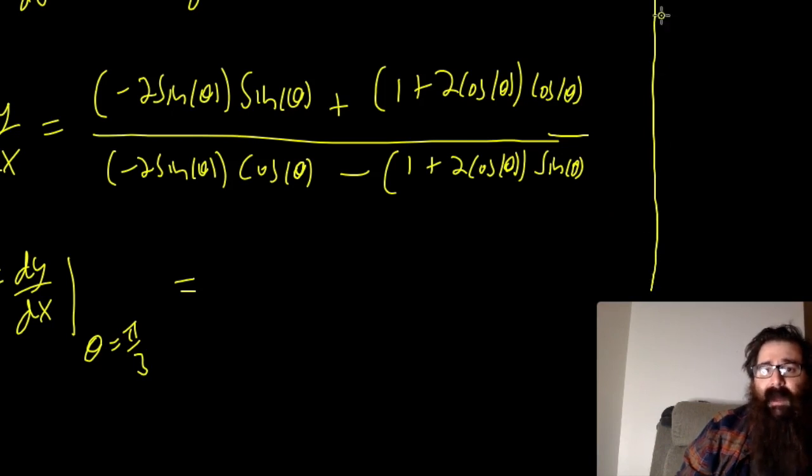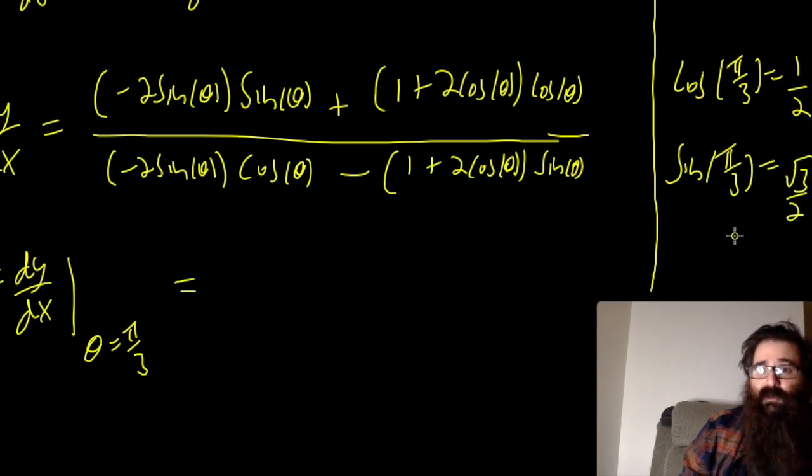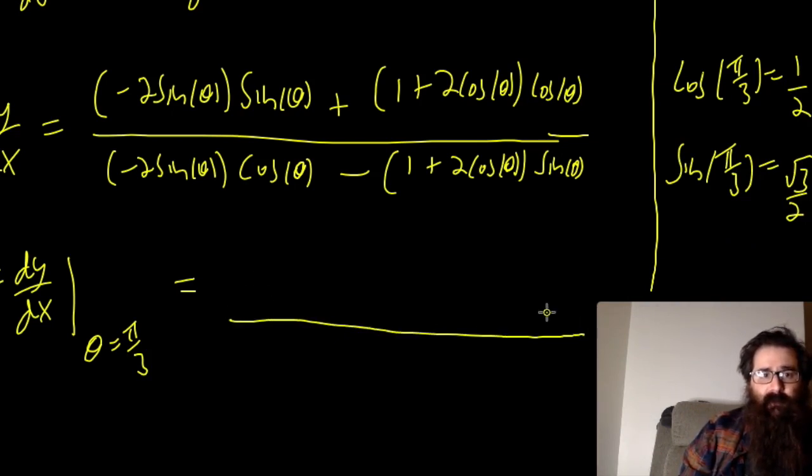Now over here to the side, I'm just going to remind myself what we said earlier. We said cosine of pi over 3 is 1/2, and sine of pi over 3 is radical 3 over 2. And that's essentially what I'm going to be working with at the end of it. So here we'll say, all right, well, let's start plugging things in.